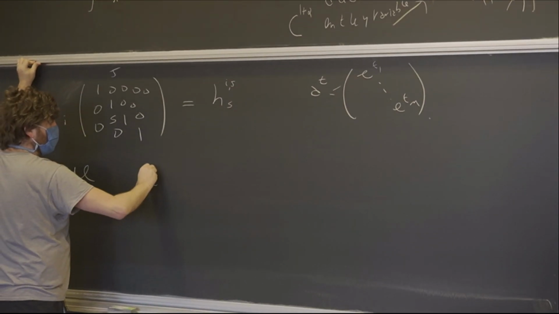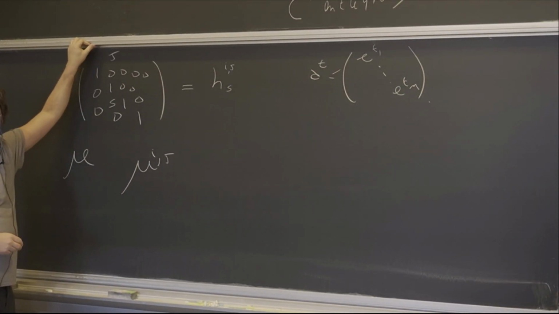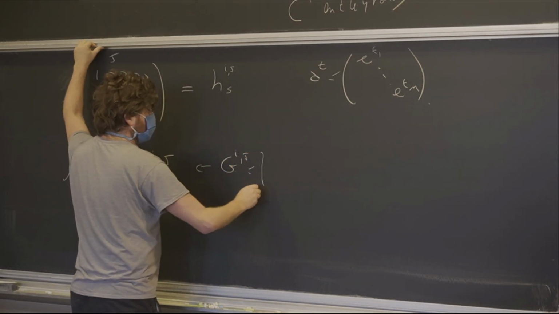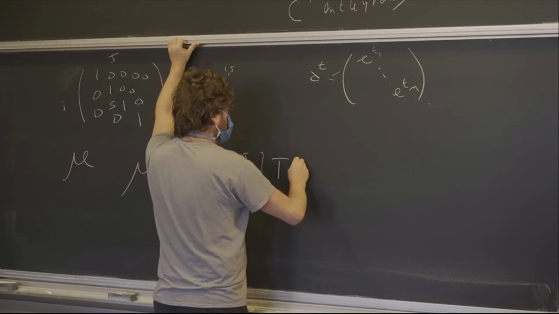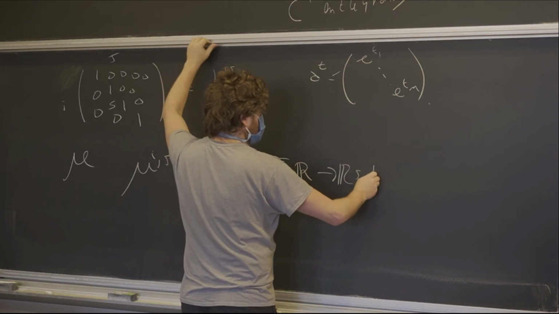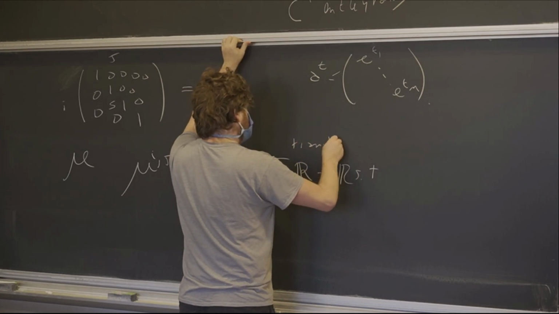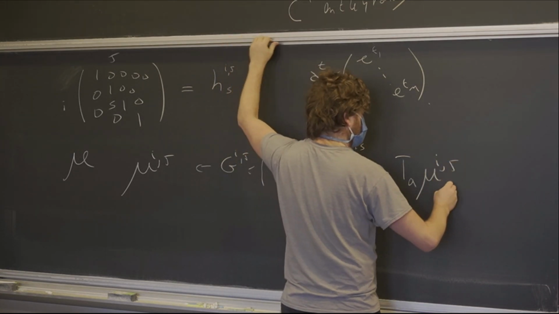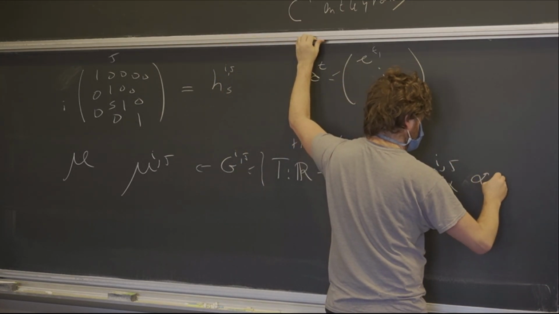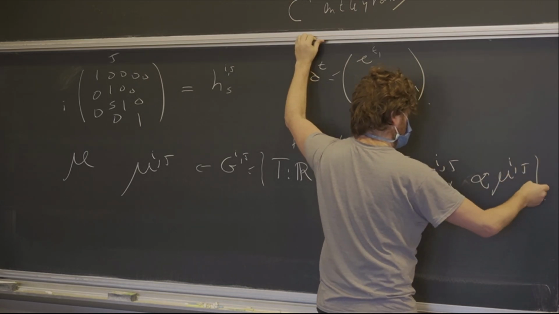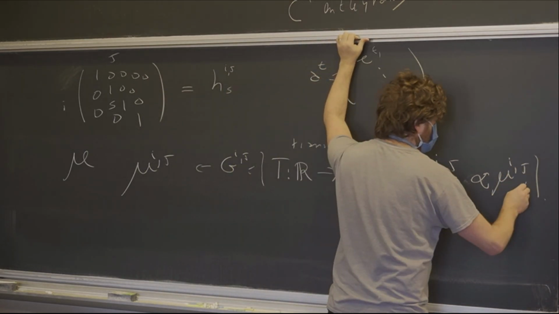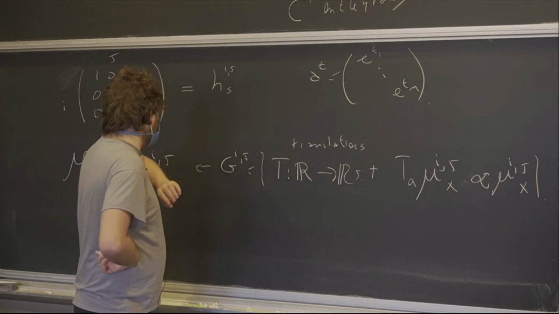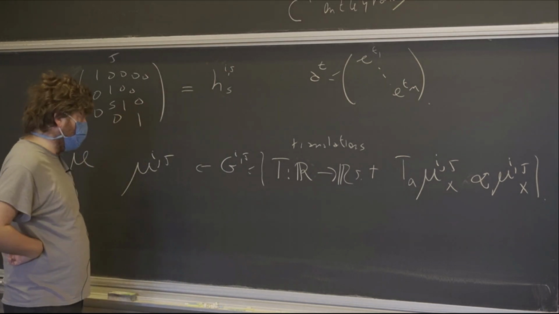We consider the mu_ij. We look at the group of all the translations from R to R, such that the translation T_* mu_ij^x is equivalent to this, and here as always we do this identification of the reals with this group here.